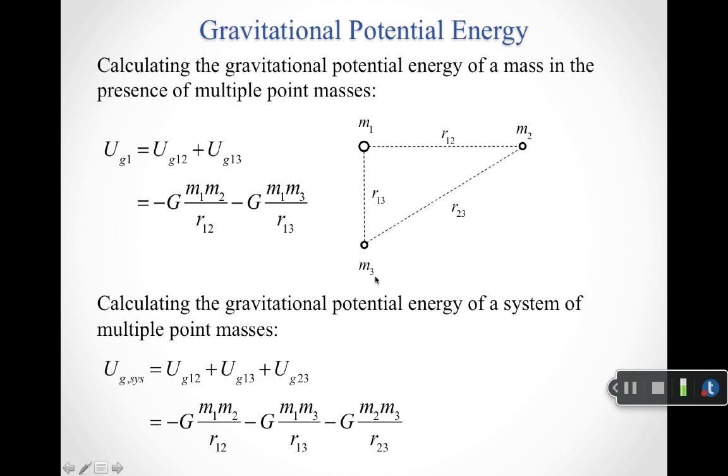For my 3 particles, I can pair 1 and 2, I can pair 1 and 3, I can pair 2 and 3, and so I'm going to have 3 terms to calculate the gravitational potential energy of the system. And so what we'll concentrate on when we're working problems in class is how thinking about the gravitational potential energy and how it changes is related to the work required to move our particles around.